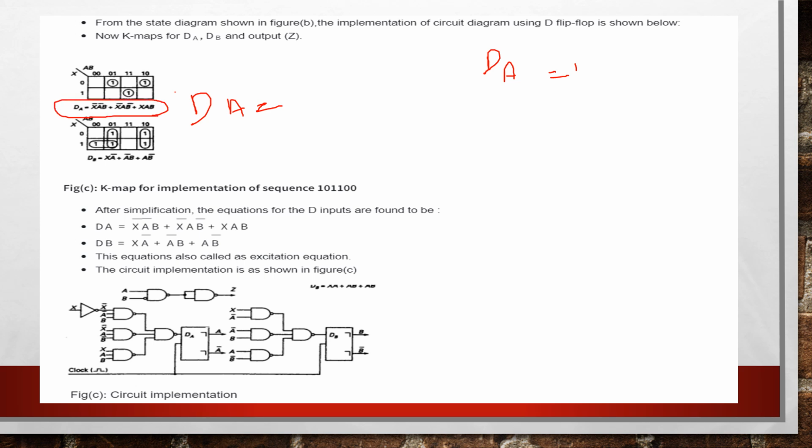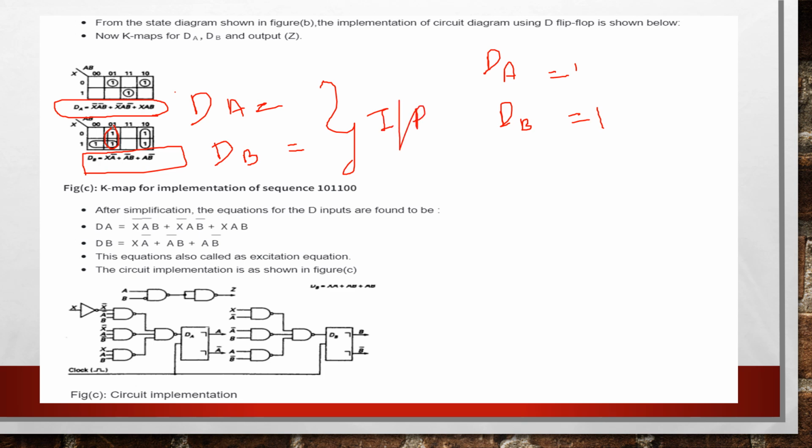Likewise for dB, from the table, the combinations where dB equals 1 are found and the K map is filled, and then the grouping is made and the dB equation is obtained. Thus we have obtained the dA and dB equations, which are the input equations of the flip-flops.